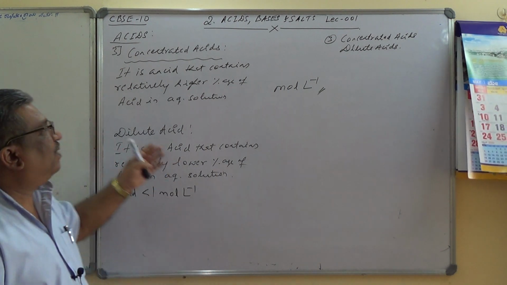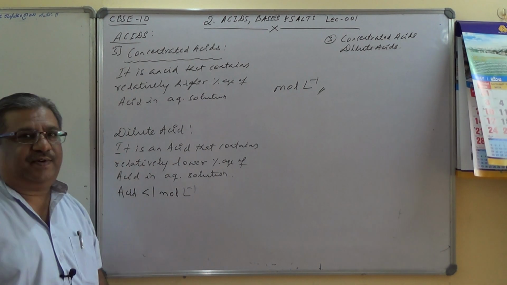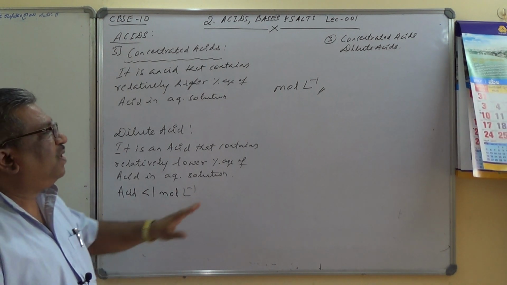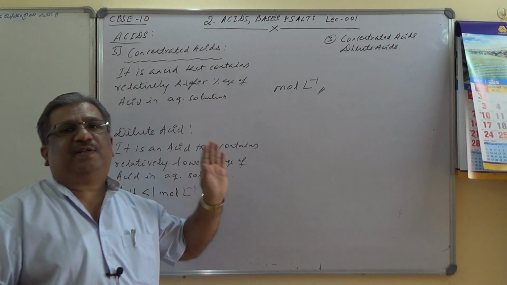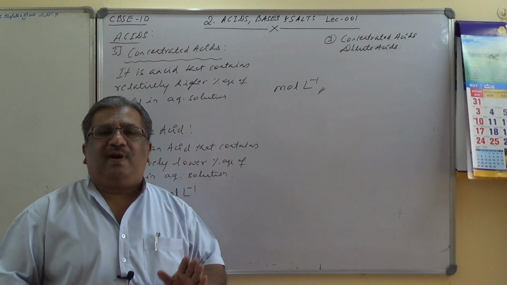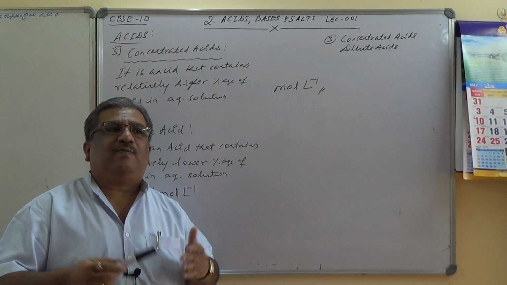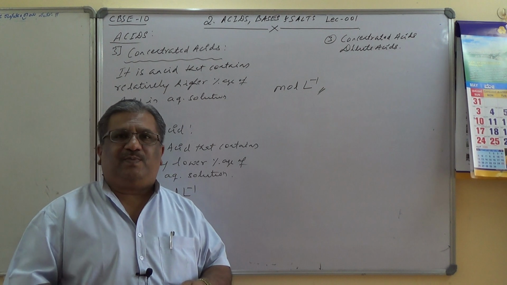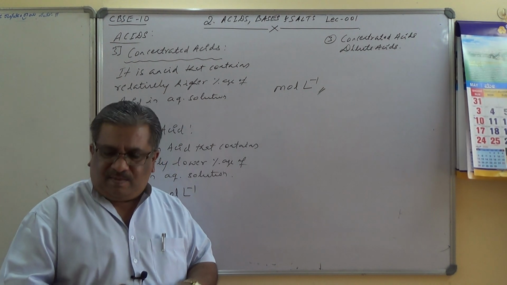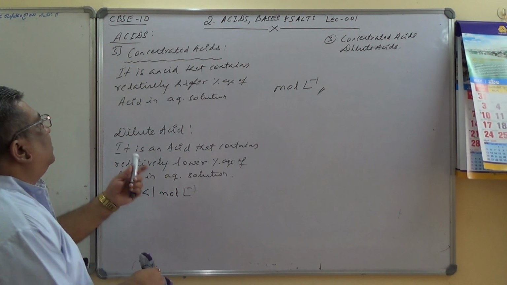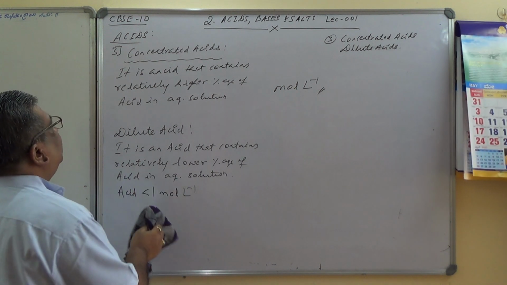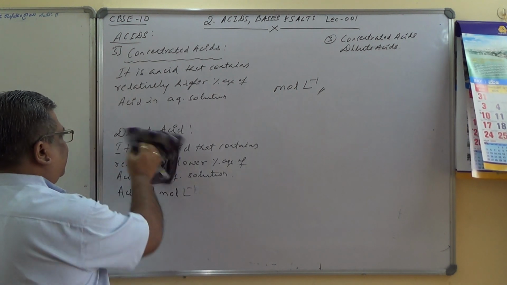I hope you have understood the acids and their classification. Please remember, very important, in acids H+ ion concentrations are responsible for acidic character, whereas OH- ions, which are called hydroxide ions, are responsible for basic character. Okay, fine. So now let us start studying the bases, that is the classification or the types of bases.